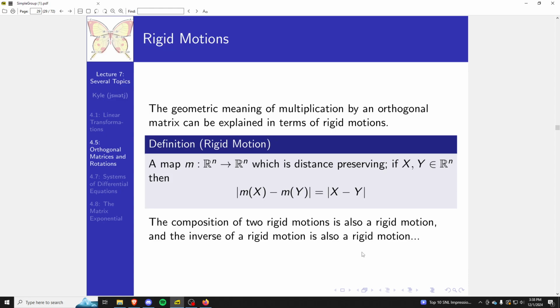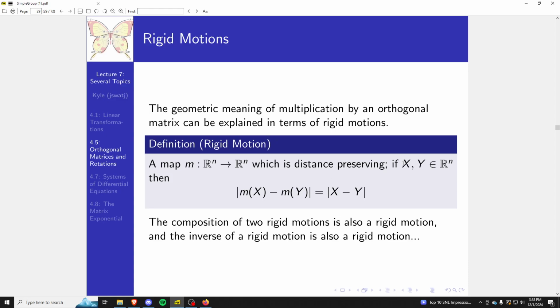So the next concept that we cover for this section is rigid motions. And the geometric meaning of multiplication by an orthogonal matrix can be written in terms of rigid motions. A rigid motion is exactly a map M from R^n to R^n that is distance preserving.